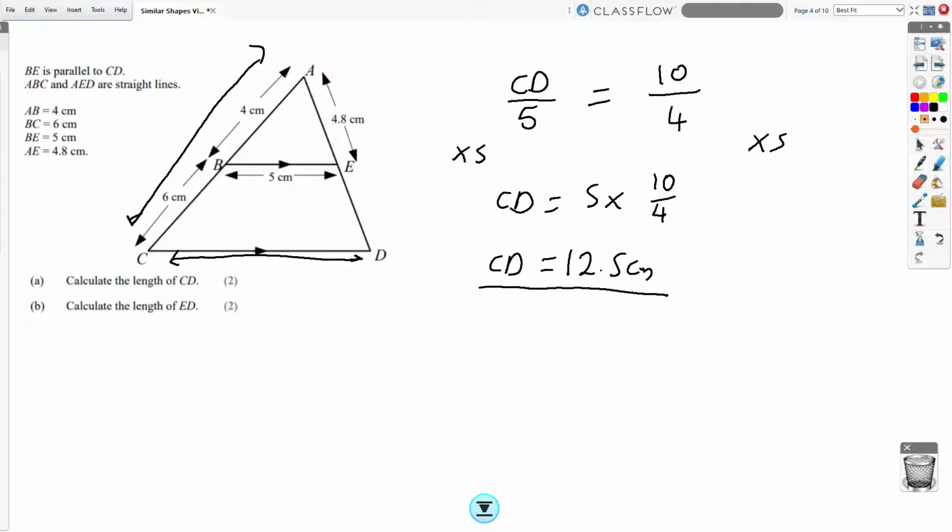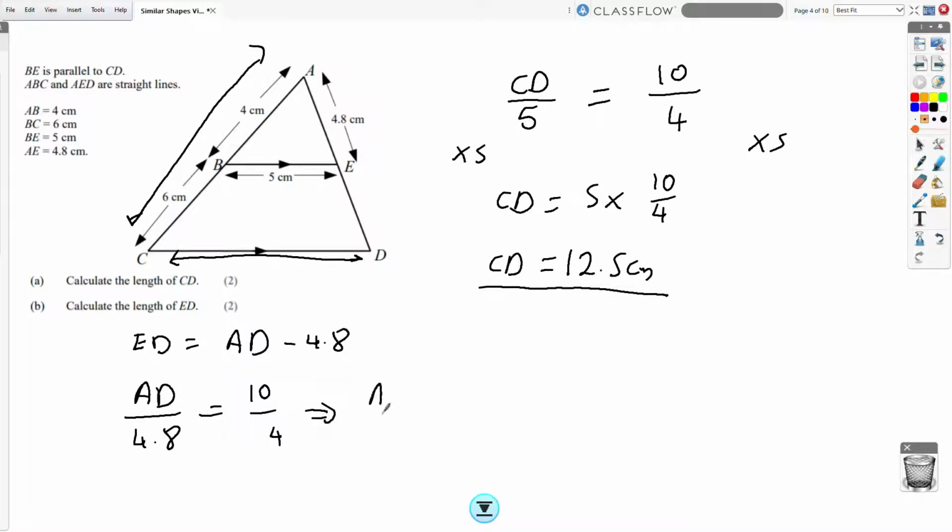Next, we're calculating the length of ED. You notice ED isn't part of the smaller triangle, so it's not going to be proportional. What you need to do is work out the whole length of AD and then take away the 4.8. So ED would be AD take away that 4.8. Once again, I could work out the scale factor and times it, or use the fraction method we just used. So we'll use the fraction method. AD divided by the corresponding side, which is 4.8, is the same as the large length of 10 divided by 4.